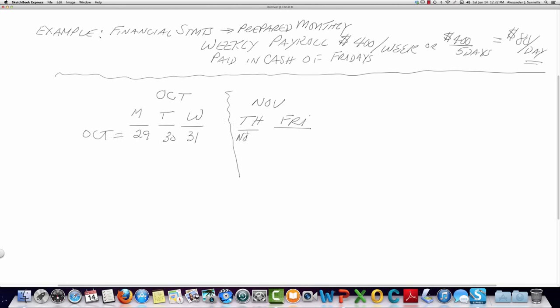And this is November 1st. That's November 2nd. Economic activity takes place, so every day you owe someone $80. Payroll is paid on November 2nd, and the total is 400.